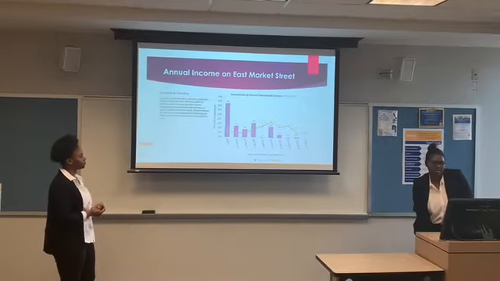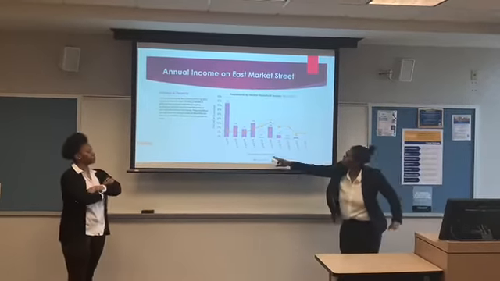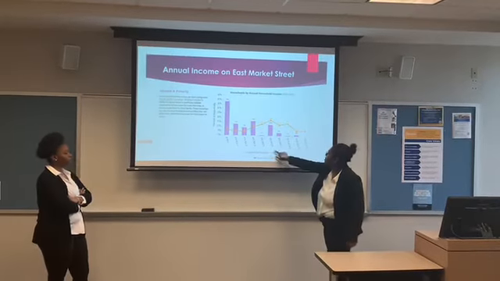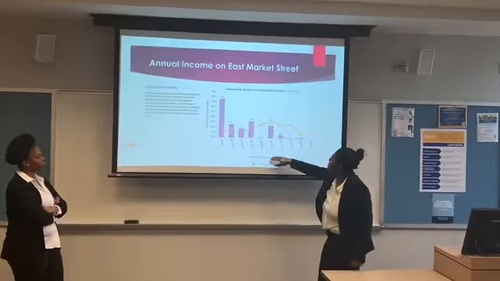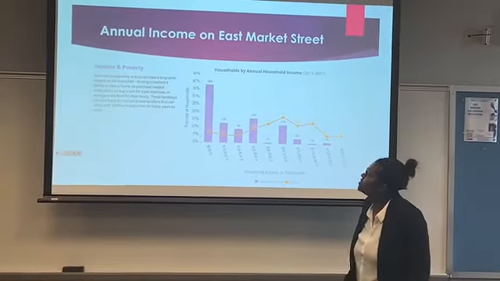So our next slide deals with annual income on East Market Street. On your x-axis here, that's telling you your household income in the thousands, and on your y-axis is your percentage of households.